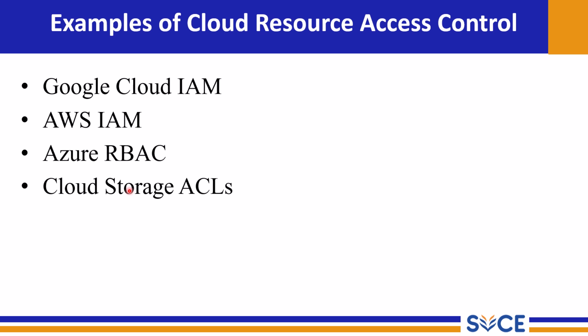Okay. The major components of cloud resource access control are an access card, a card reader, and a control panel. And what type of solutions we are going to give in this cloud access control, that we will see. The main thing is that there are three basic types of cloud resource access control.